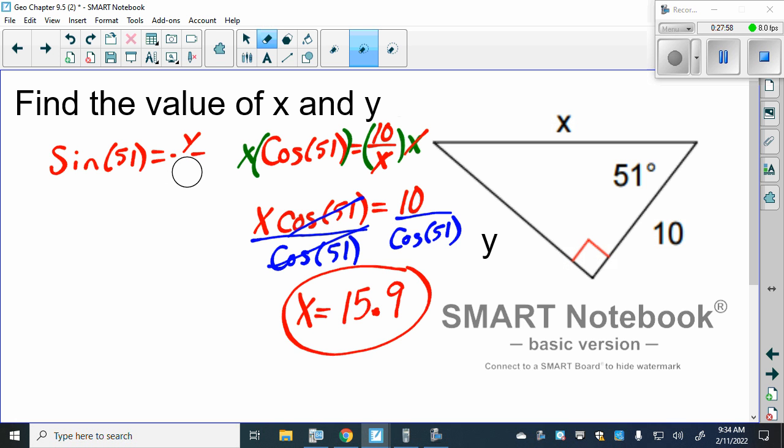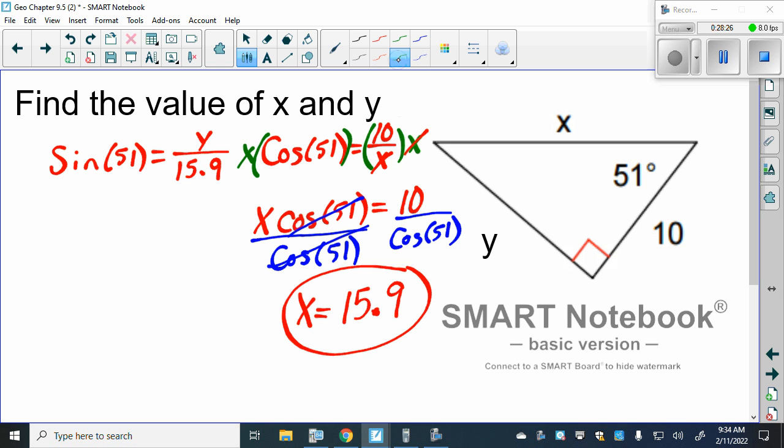Now we can use sine also because we don't know y, but I do know x is 15.9. Will we get the exact value of y? No, because what did we do for x? We had to round. So we can get close to the value of y, but we won't get the exact one because we didn't get the exact value of x.